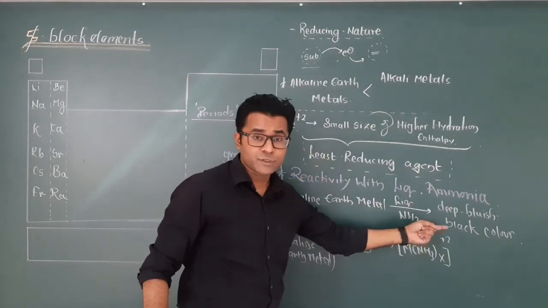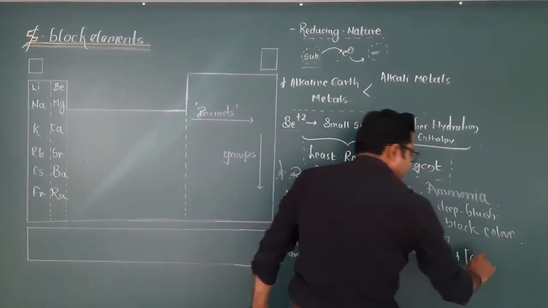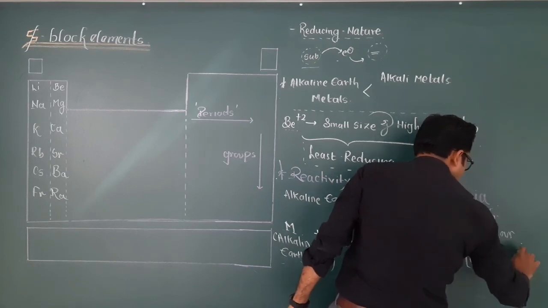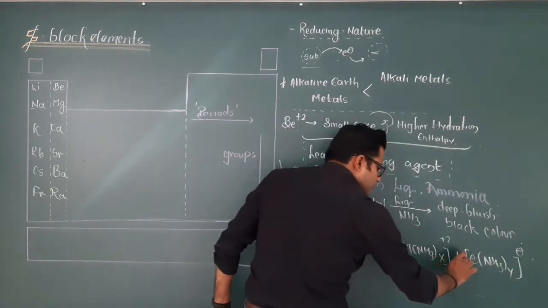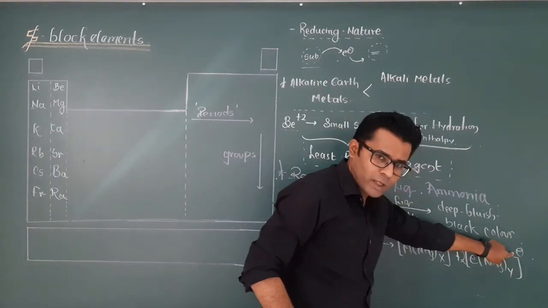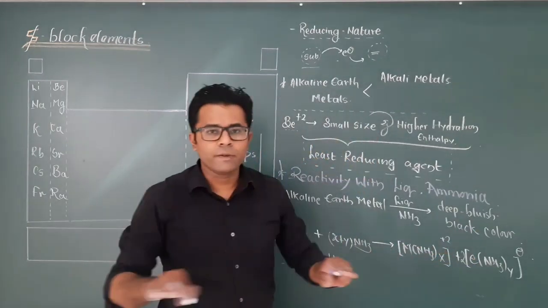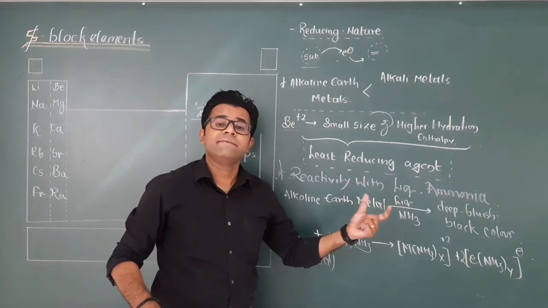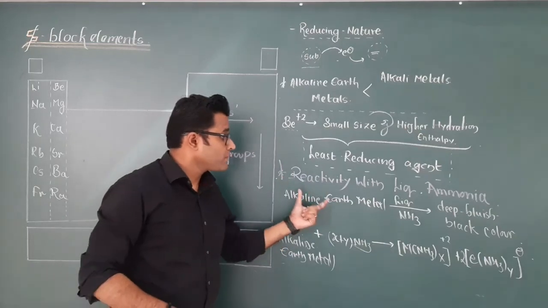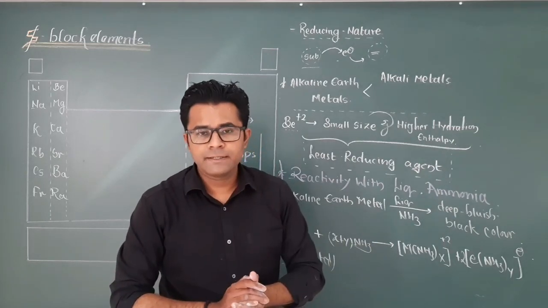Plus we have electrons, in brackets (NH3)y with minus charge. Here we will take 2 in order to balance. Plus 2, and this is minus 1, so 2 into minus 1 becomes minus 2. So minus 2 and plus 2 cancel out, and the charges are nullified. So this is how the reaction occurs with alkaline earth metals in liquid ammonia. So take care, we'll meet you in the next video.